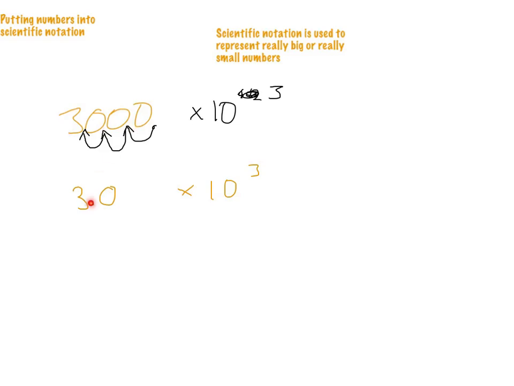We go from 3,000 to 3, but we compensate for changing this 3,000 to 3 by adding a positive exponent, okay? So when you start with a number that's greater than or equal to 10, and you're going to put it in scientific notation, you're going to represent it with a positive exponent, okay?